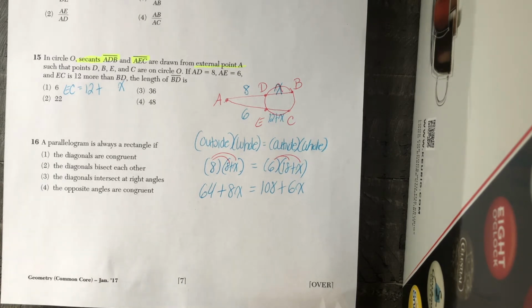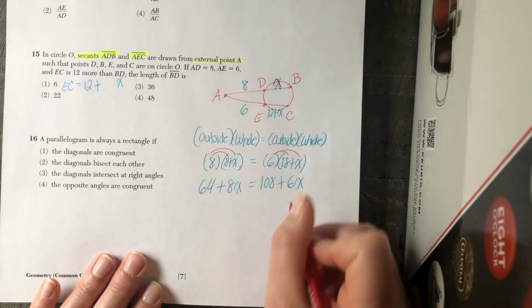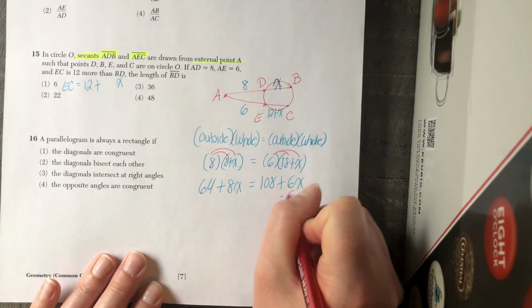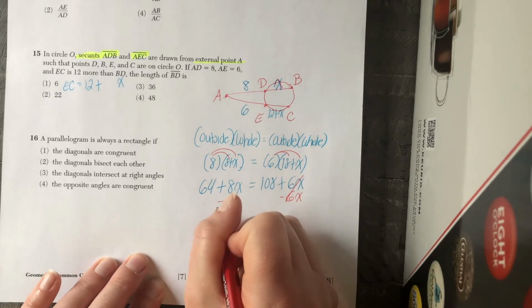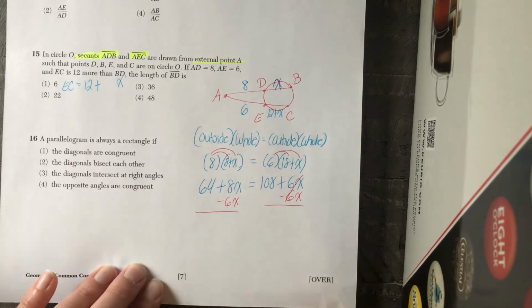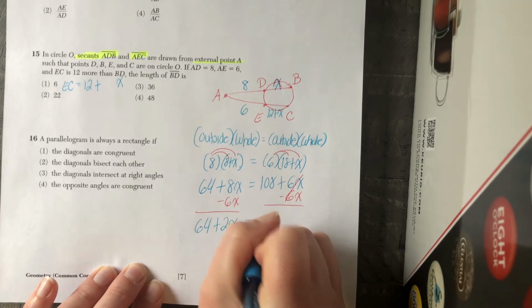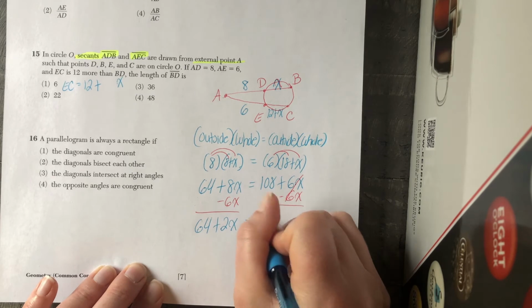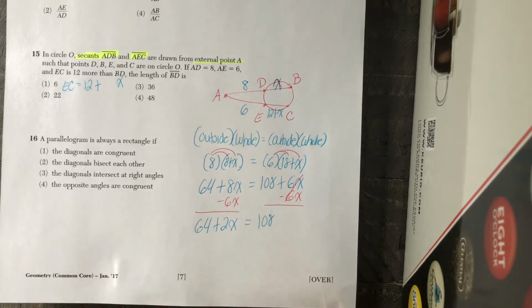All right, now I'm going to go ahead and just continue solving this. I'm going to start combining like terms. I'm going to move my X's together first. So I'm going to bring my smaller to my larger. So I'm going to subtract 6X on both sides. Those cancel. So now I'm left with 64 plus 2X equals, I bring down my 108. And now that I've combined my X's, I'm going to go ahead and combine my numbers.